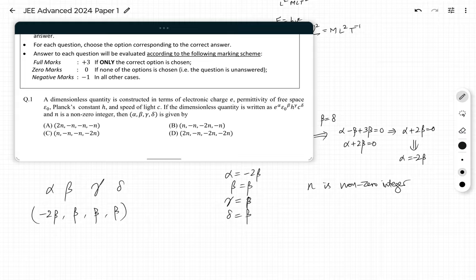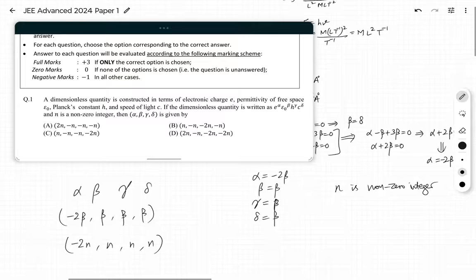So we can replace beta with n: minus 2n, n, n, n. This replacement of n will also give us a set of alpha, beta, gamma and delta which will be interrelated among themselves in the same way as minus 2 beta, beta, beta, beta are related.